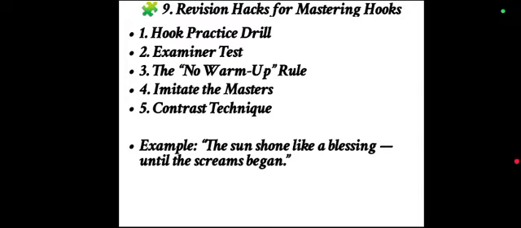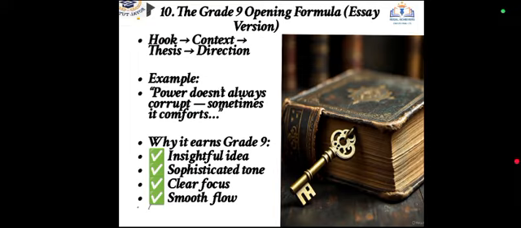Now, for example, the sun shone like a blessing until the scream began. This is a contrast. Then the grade 9 opening formula for essay revision: hook, context, thesis, direction. For example, power doesn't always corrupt.